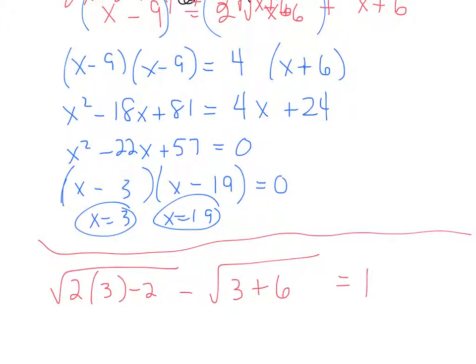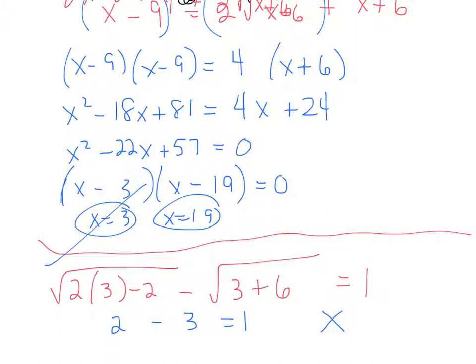I'll use 3 first. 2 times 3 is 6, 6 minus 2 is 4, square root of 4 is 2. Over here we've got 6 plus 3 is 9, square root of 9 is 3. Is 2 minus 3 equal to 1? No, it's equal to negative 1. So this answer actually does not work. This gets rejected. x equals 3 is out.